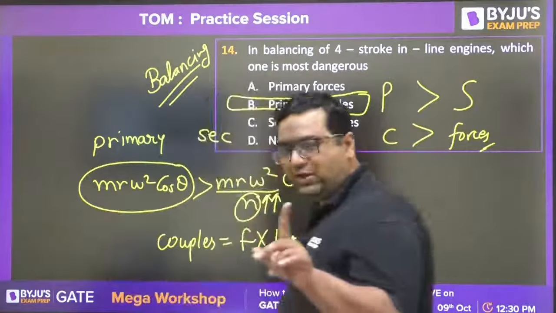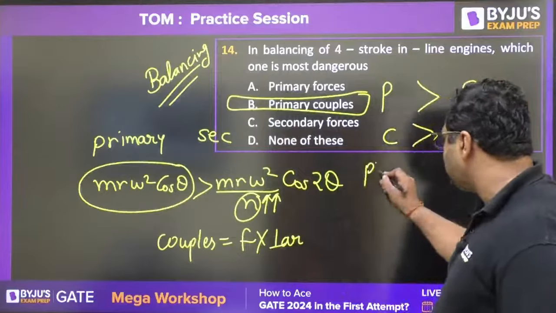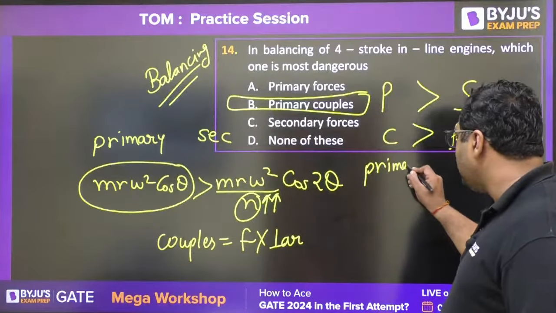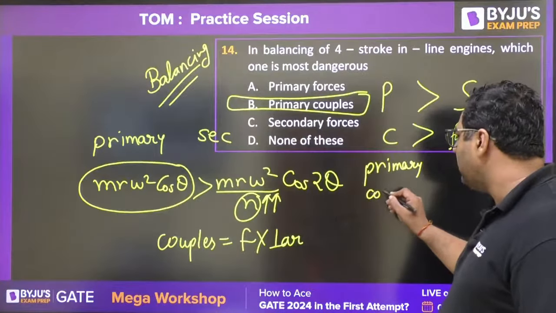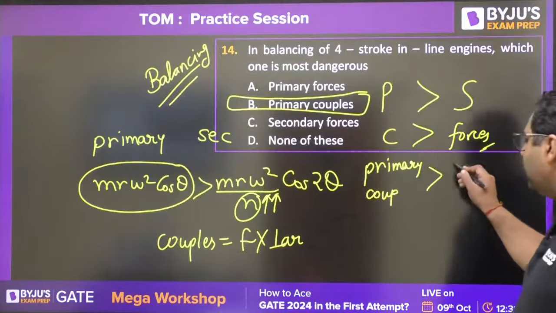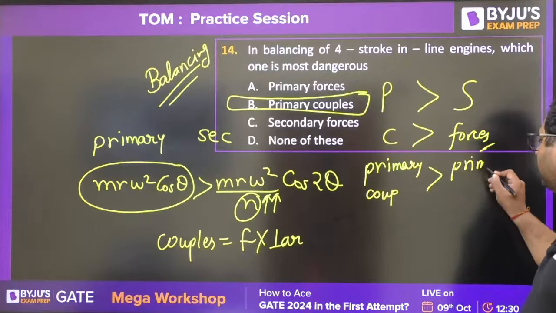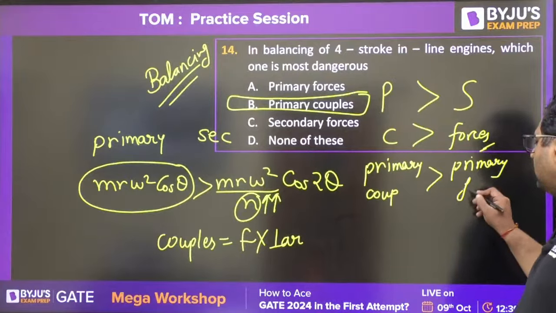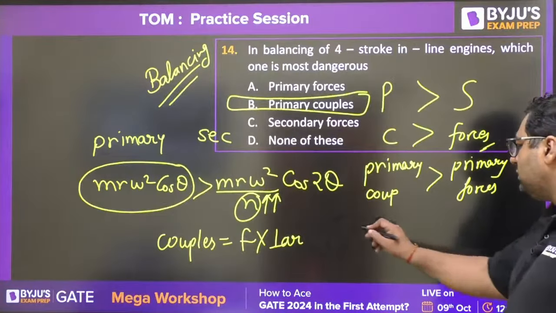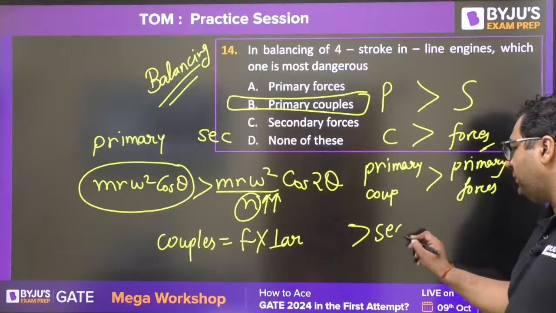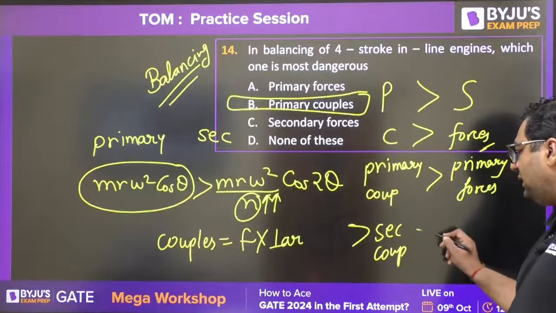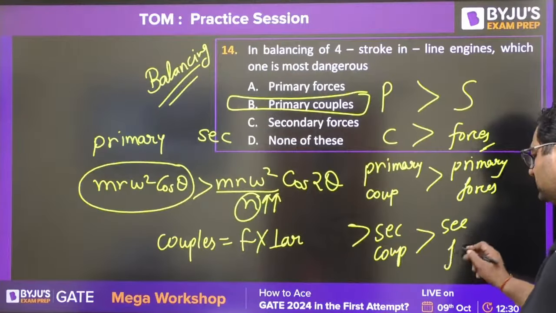So I will give you the ratio. I will give you the entire scene. Primary couples are more dangerous than primary forces. After them, secondary couples. The least dangerous are secondary forces.